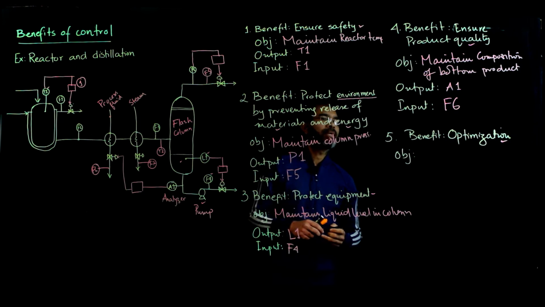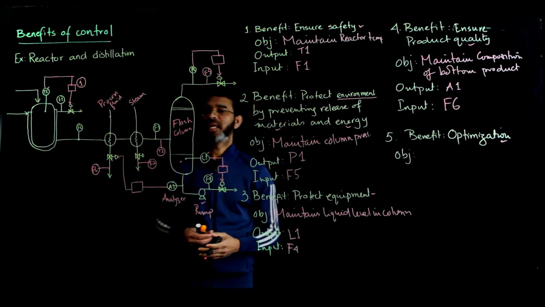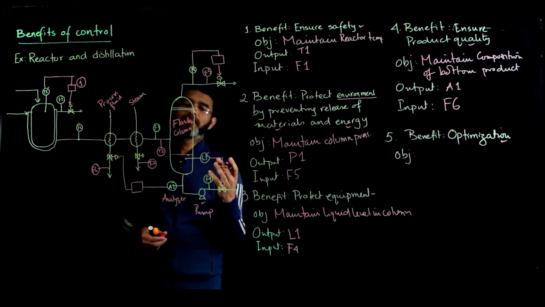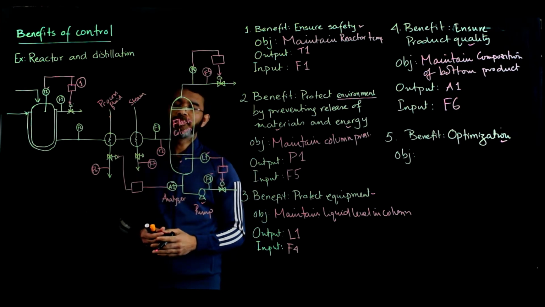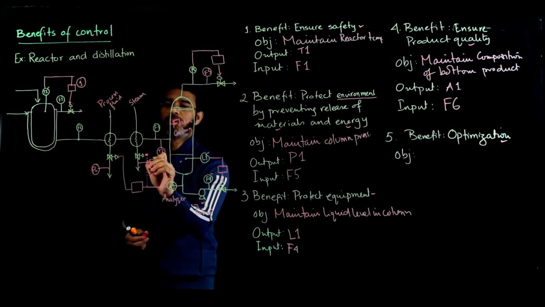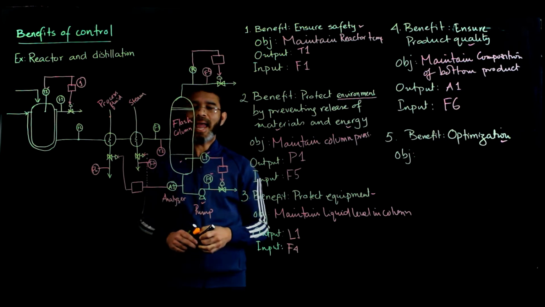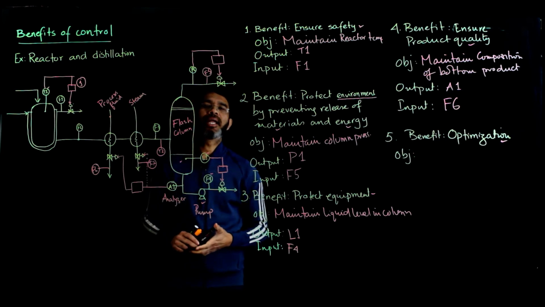Now the last one, what about the optimization problem? For optimization, again you can think of the product composition, and how you can manipulate both the process fluid and the steam in a way that the use of steam becomes less.